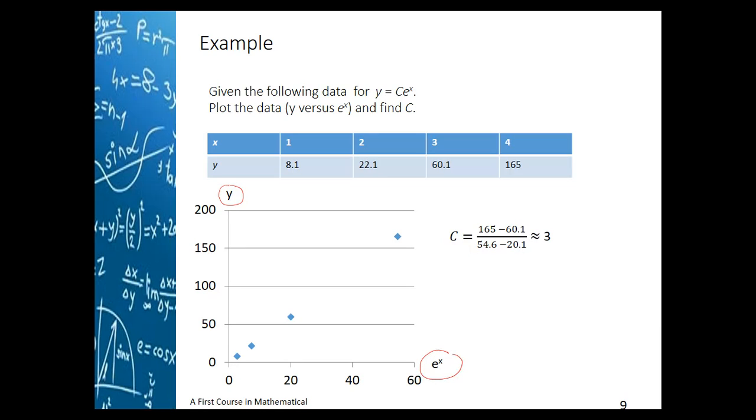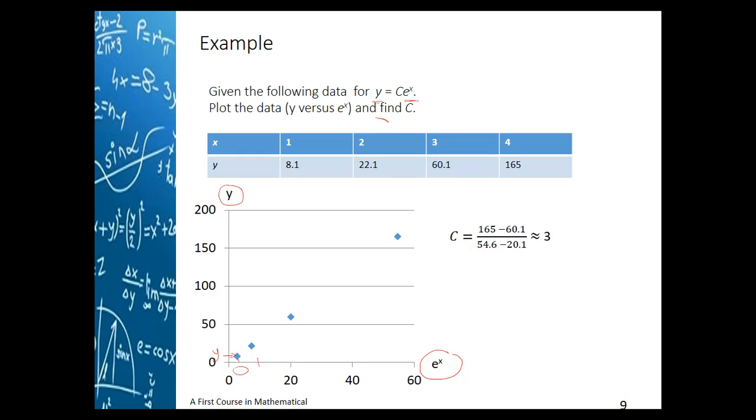So if let's say my x is 1, my y would now become 8.1, and when you put your x equal to 1, you do the calculator, it is about 2 point something, so it's somewhere around here, and so on.